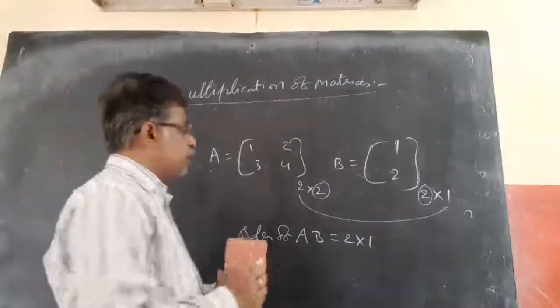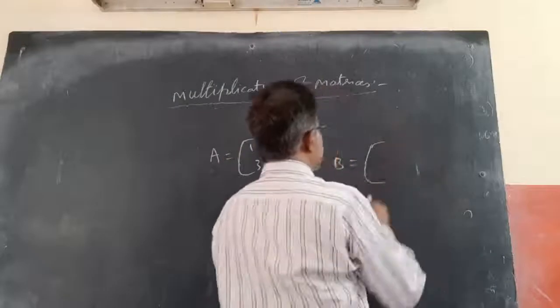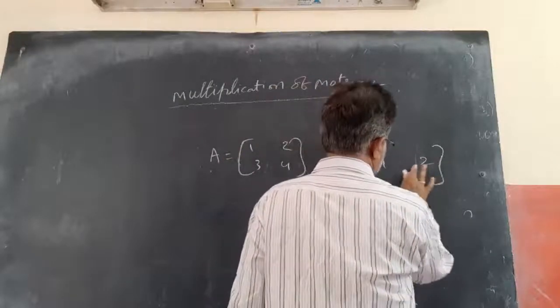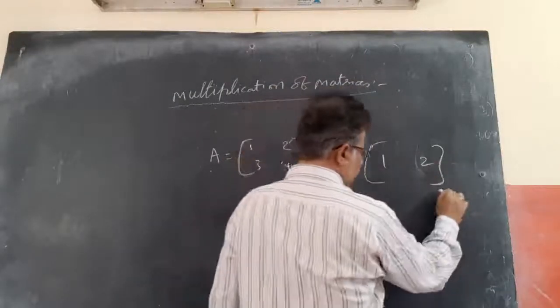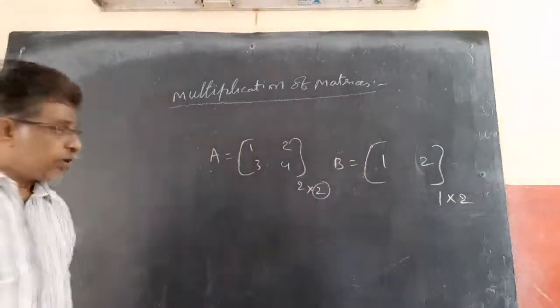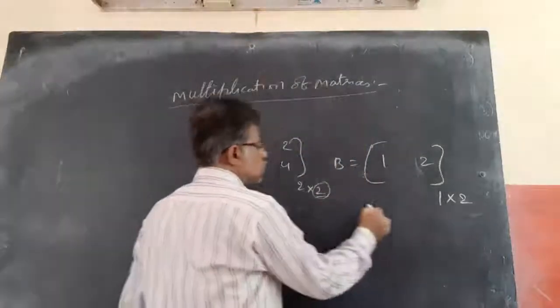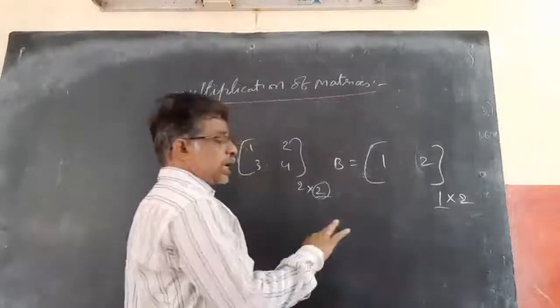For example, if I take A as this 2 by 2 and B like this, 1, 2, now the order of B is 1 by 2. Is AB possible now? This is 2, this is 1. So it is not at all possible.